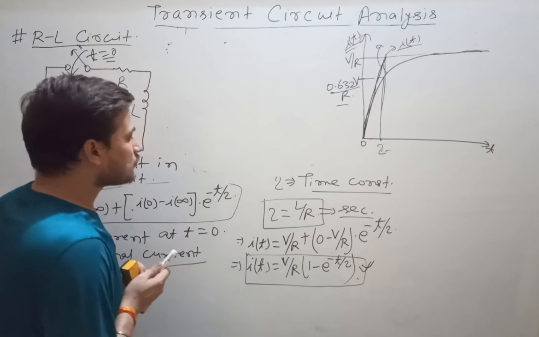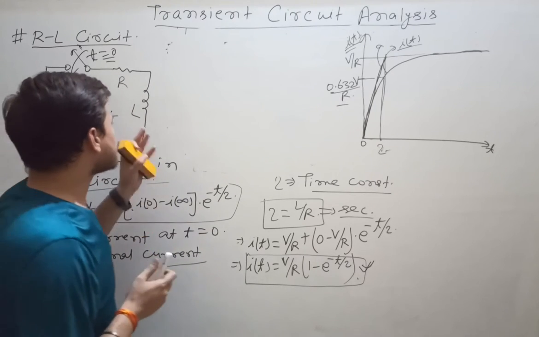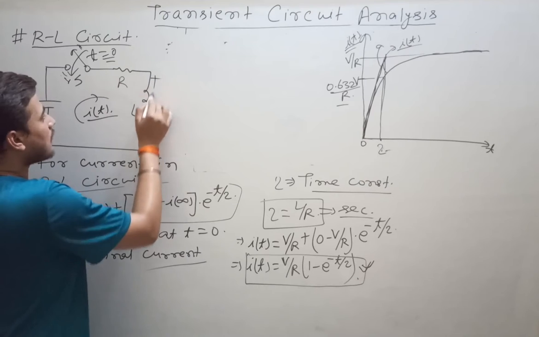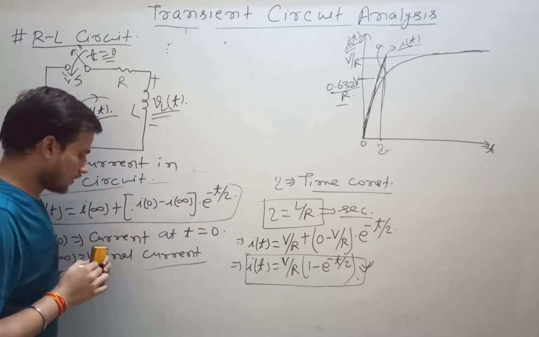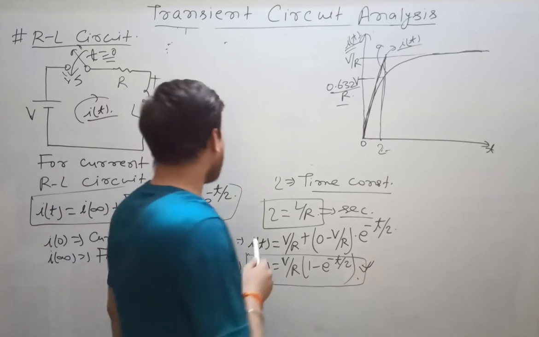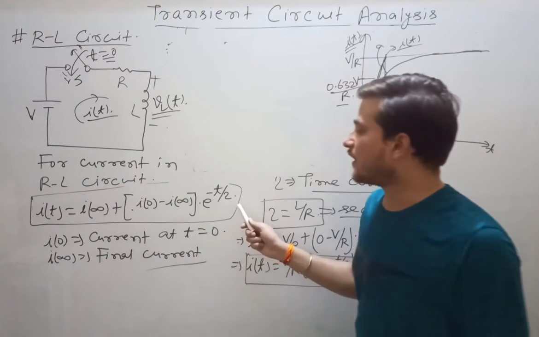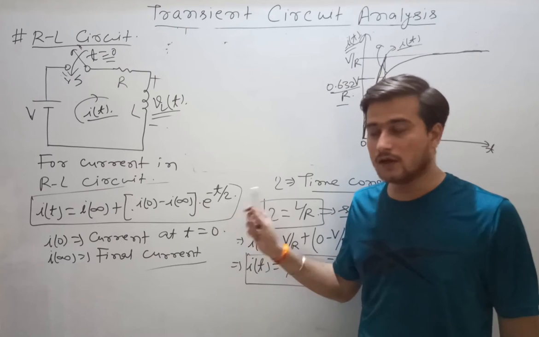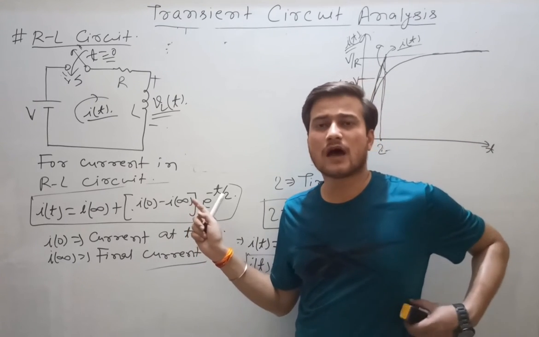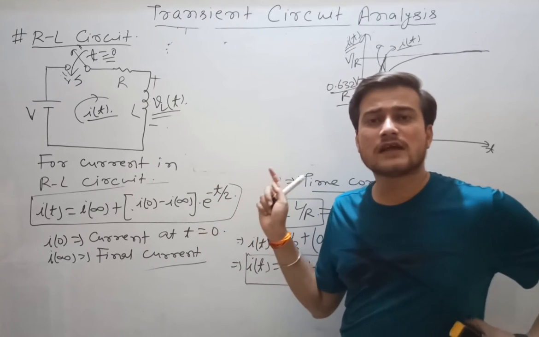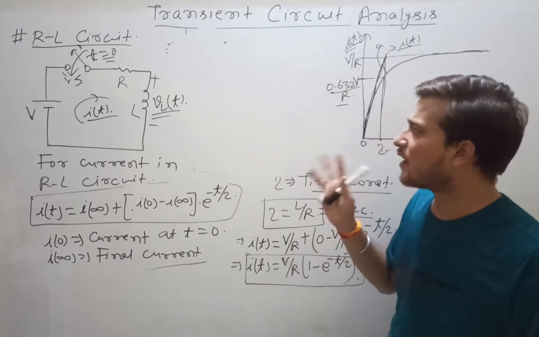Now you have to write V_L(t), the voltage across the inductor. Remember one thing: the formula I have written here is valid for current through the inductor only. It is not valid for voltage across the inductor. Why is it not valid?